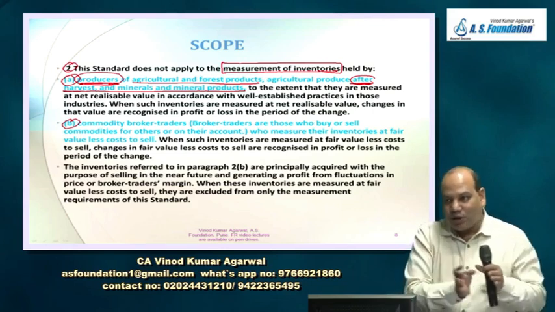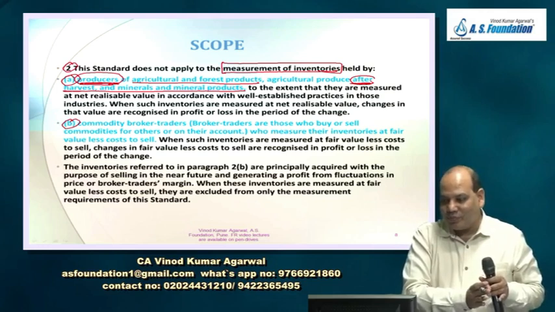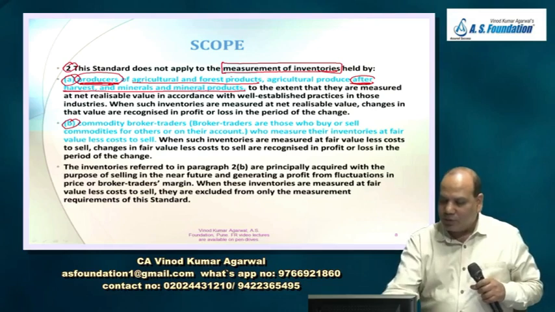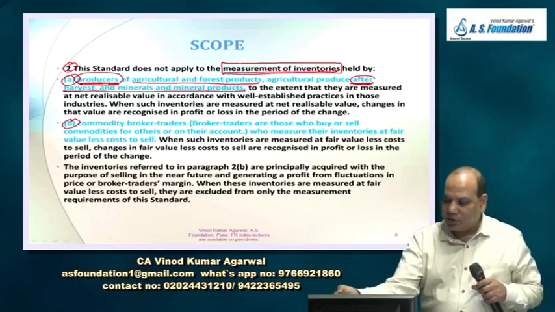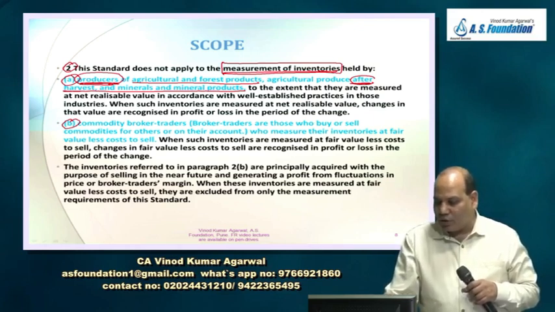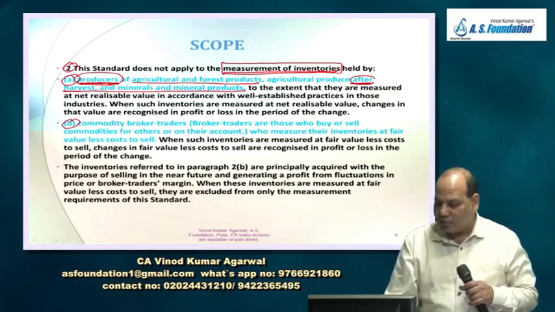Once the fruit is plucked from the tree, then this standard will be applicable for the other part, but the measurement will be done as per the standard specified here, to the extent they are measured at NRV in accordance with the well established practices in those industries.